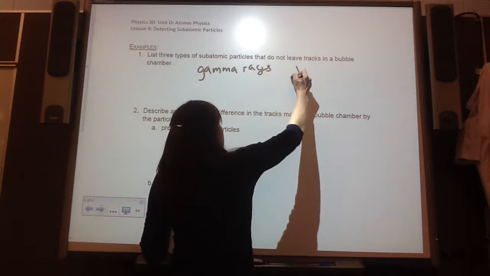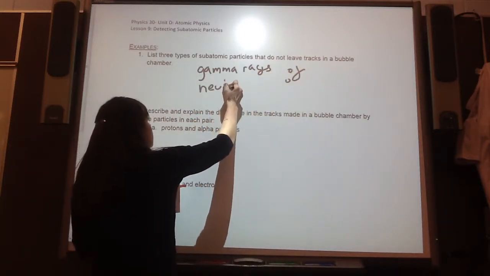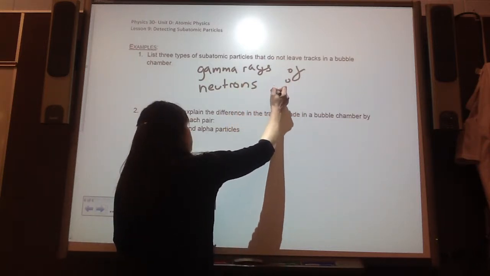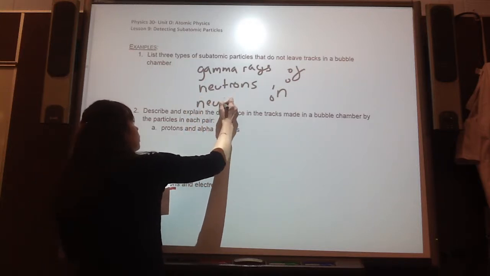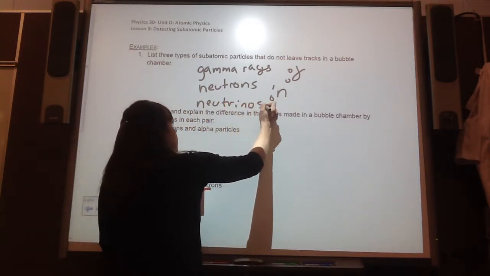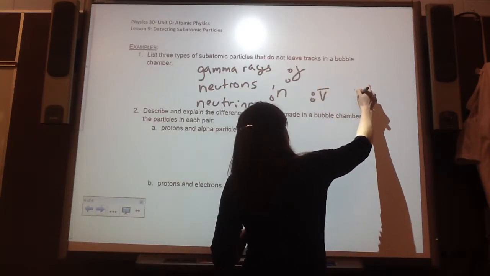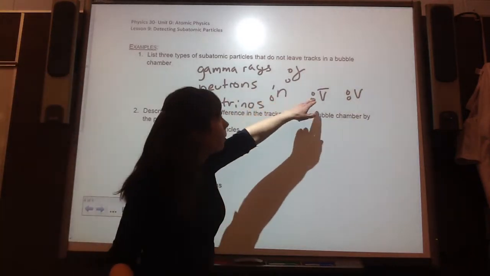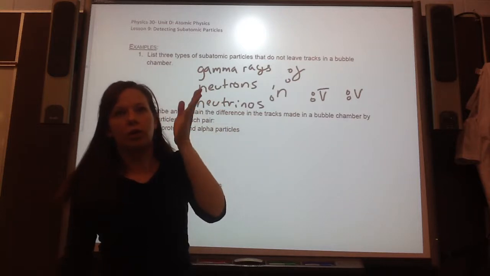So that's our gamma 0, 0, and our neutrons would be n 1, 0, and our neutrinos. My symbols for those are ν 0, 0, and ν̄ 0, 0. Both of them, notice the bottom number is 0, because that bottom number is almost like your charge.